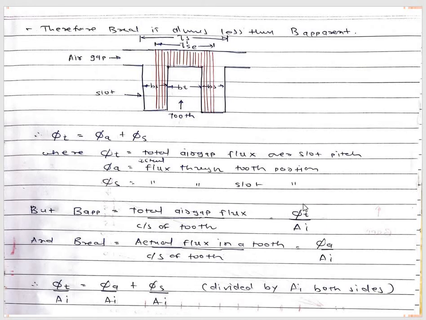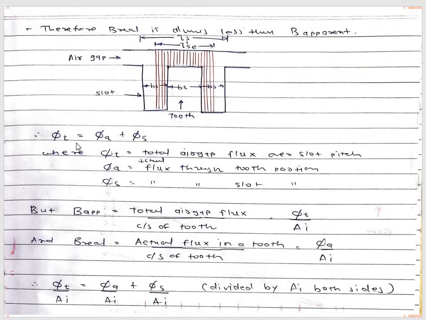In notation form we write phi t divided by AI, where phi t is the total air gap flux and AI is the cross section area of the tooth. And B real, the real flux density, is given by the actual flux in the tooth divided by the cross section area of the tooth, that is phi A divided by AI.